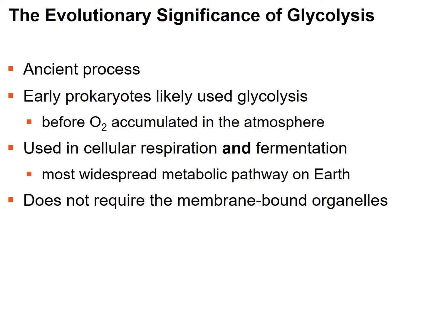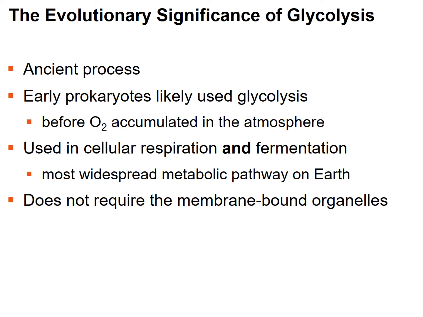So before aerobic organisms existed or evolved, the oxygen levels were very low to minimal, none on Earth. So of course there are organisms that evolved that survived in the absence of oxygen. Now, glycolysis is also used in cellular respiration and fermentation, right? So it's a very widespread metabolic pathway, right?